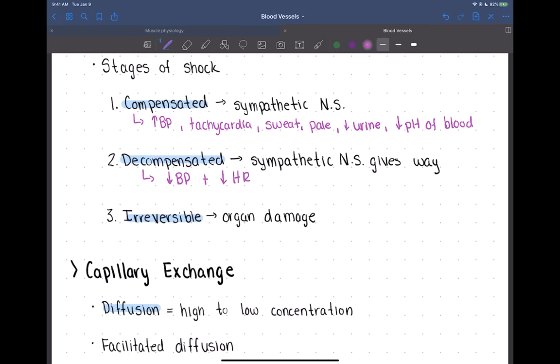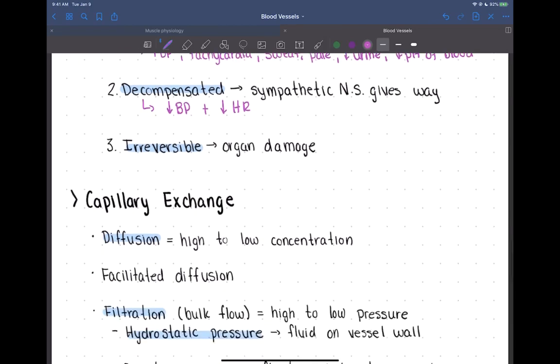All right, and so if that decompensated state continues for a while, you'll end up with this third and final stage, which is irreversible. So where you have organ damage, all right? And so this would be from the lack of oxygen to those tissues. Okay? All right, so that's shock.